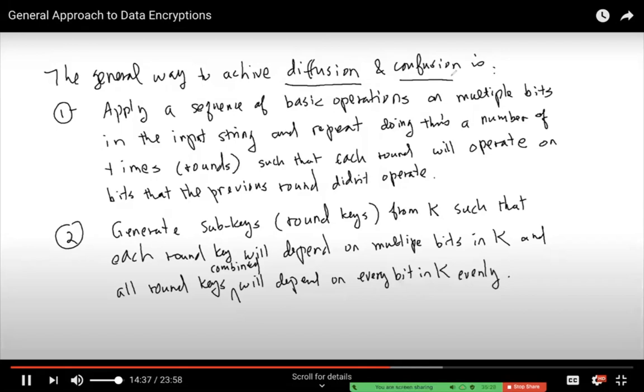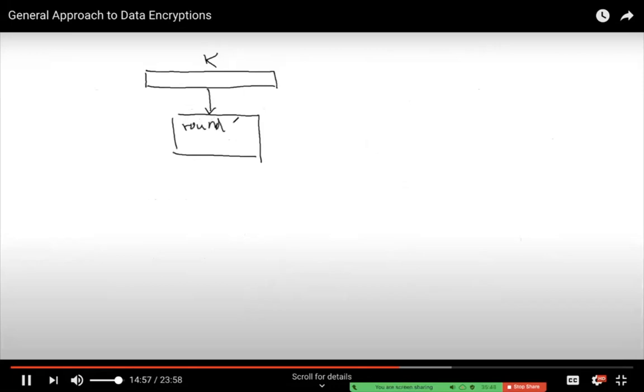So now it looks like this. Let's say I have this K, and I'm going to feed it into a round key generation algorithm, the round key generator.